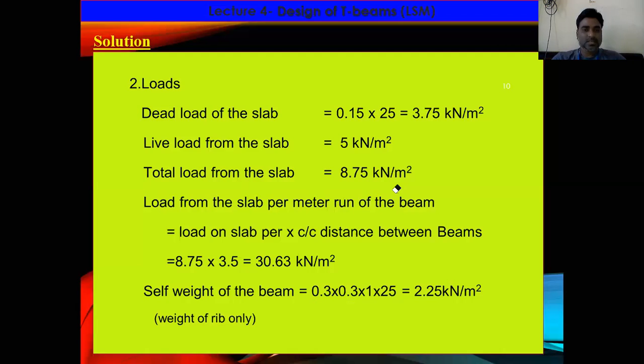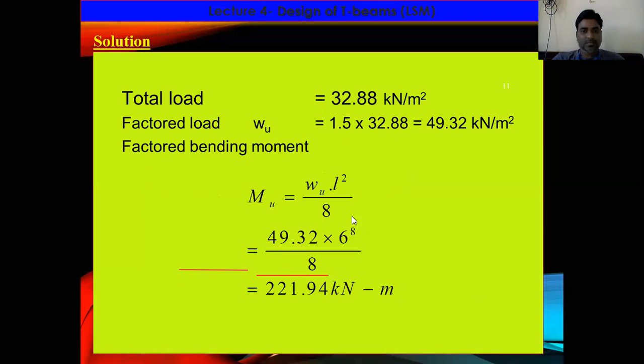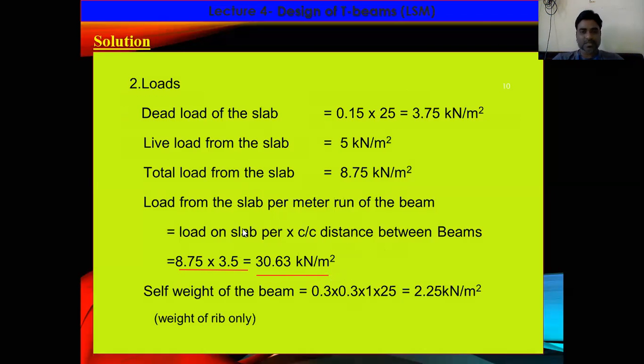So that is 8.75 into 3.5, that is 30.63 kilonewton per meter, right? Not per meter square, because we have already multiplied with the length.